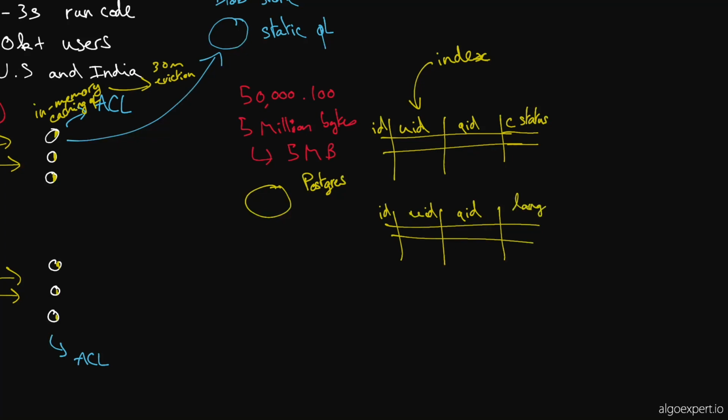So I'll put lang, and then I'll extend this and have a solution. So here, I think on this table, we would actually have 85 multiplied by 7, because there's 7 languages on AlgoExpert, right on the homepage. It says 7. So 85 multiplied by 7 rows per user. So that's somewhere between 600 and 700 rows.